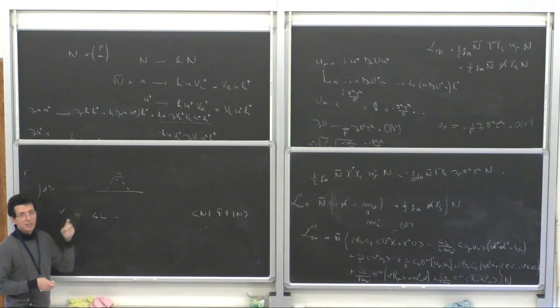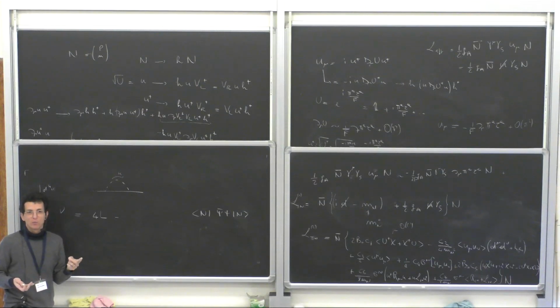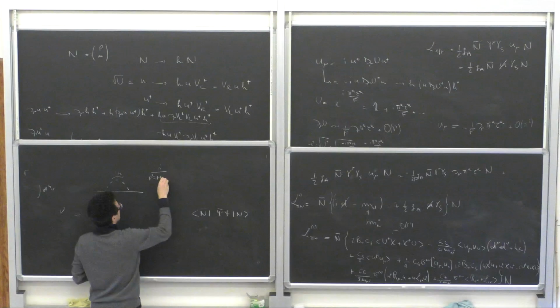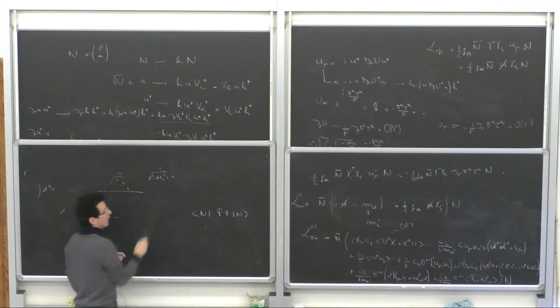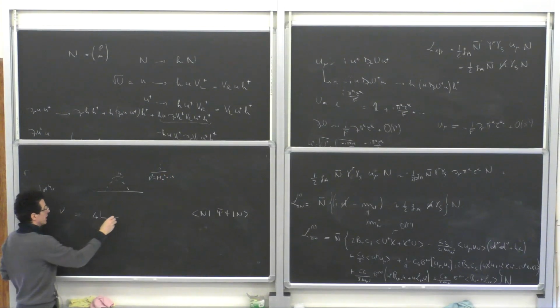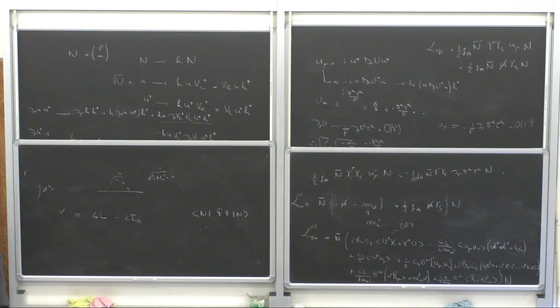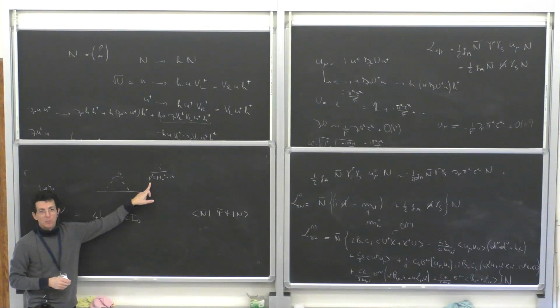For instance, here there is 1 propagator of pions. The propagator of the pion is i over p squared minus m pi squared plus i epsilon. This brings down 2 powers of soft momenta, because there is a p squared here in the denominator.